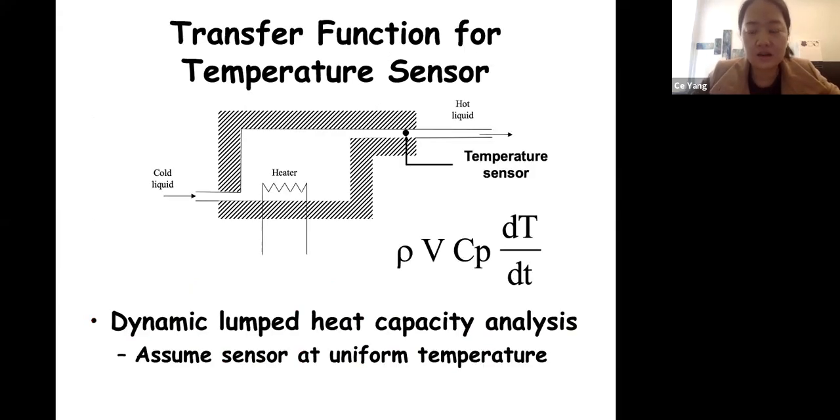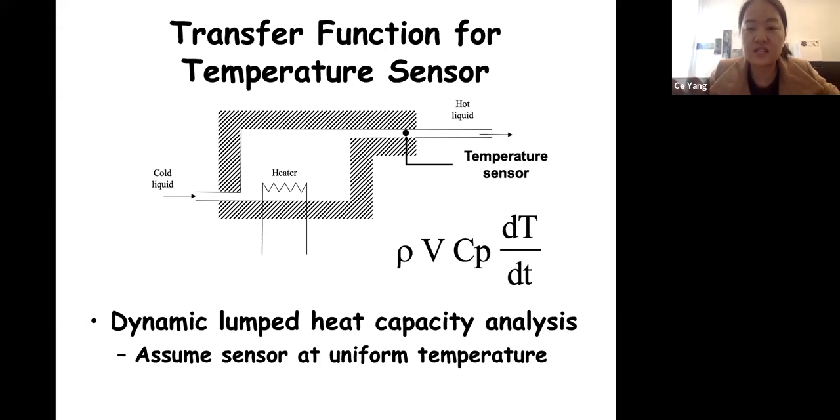In the video lectures, we included the temperature sensor example, where we assume a dynamic lumped heat capacity analysis, where the sensor is at uniform temperature. Inside the tank, we have the expression rho times V times Cp times dT over dt.